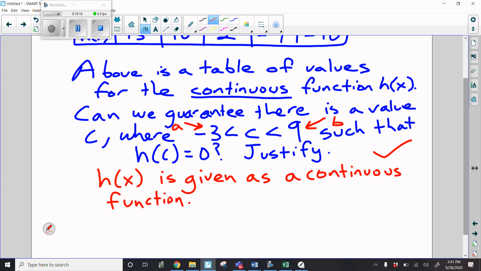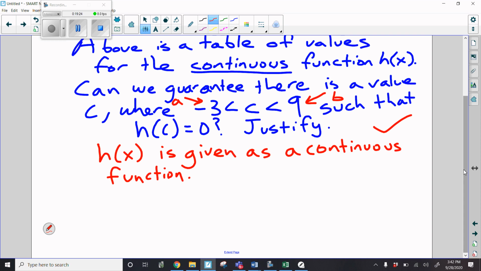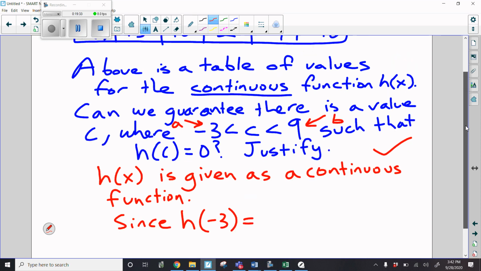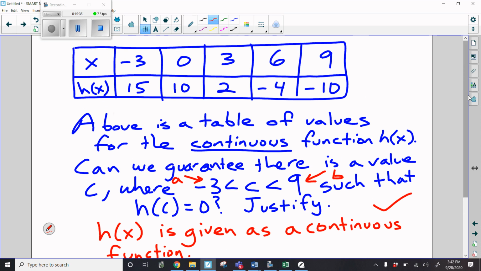Okay, so I see that not f, h, right? So let's take a look at those two values. h of -3 was 15, I get that right here.